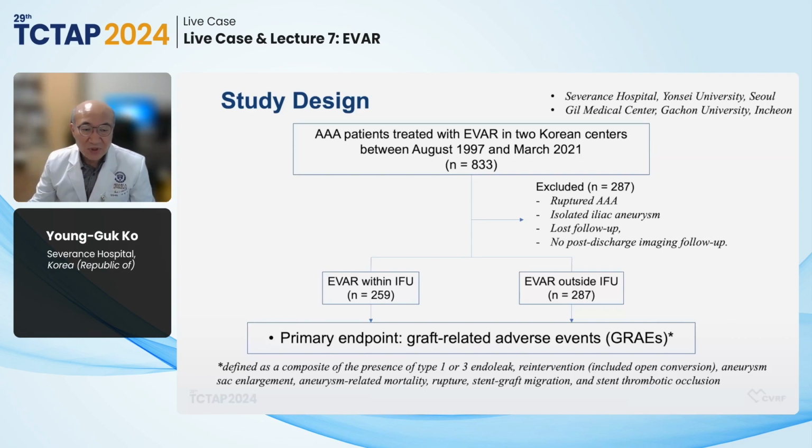The primary endpoint was graft-related adverse events, defined as a composite of the presence of type 1 or 3 endoleak, reintervention, aneurysm sac enlargement, aneurysm-related mortality, rupture, stent graft migration, and stent thrombotic occlusion.